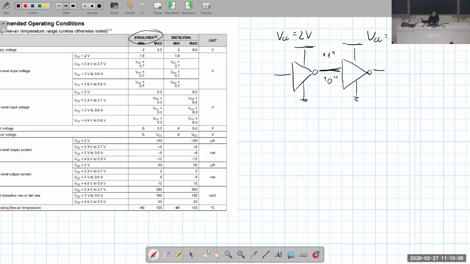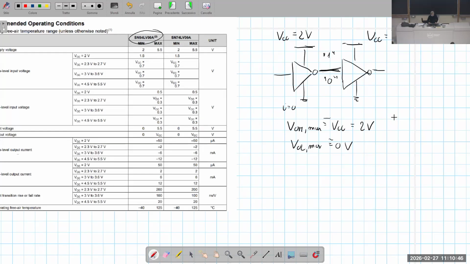Now, let's consider the characteristics of the output. Let's suppose that I is equal to 0, so VOH minimum is basically equal to VCC, so it is 2 volts, and VOL maximum is basically equal to 0 volt.